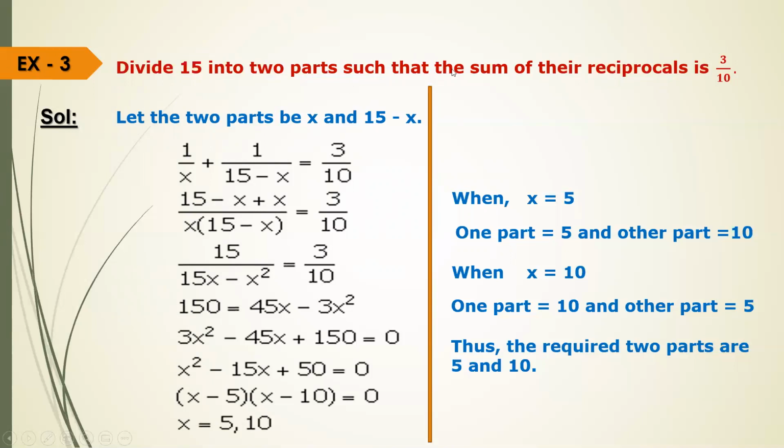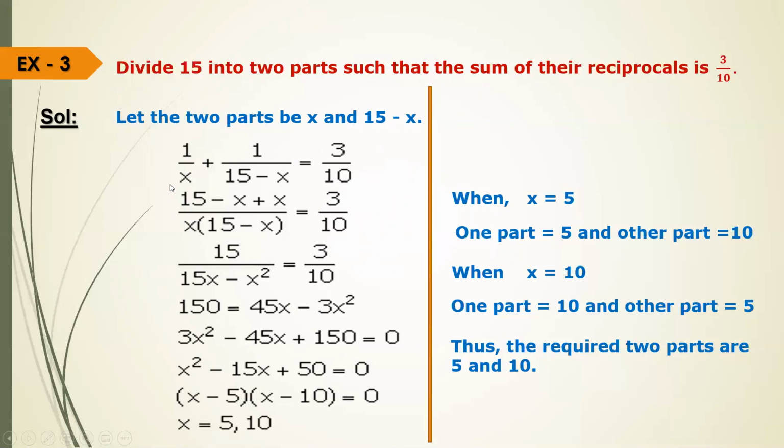And what is the condition given in the question? Take the reciprocals. The reciprocal of x will be 1 by x. The reciprocal of 15 minus x will be 1 upon 15 minus x. And the sum of the reciprocals is given as 3 by 10. This condition is given in the question.